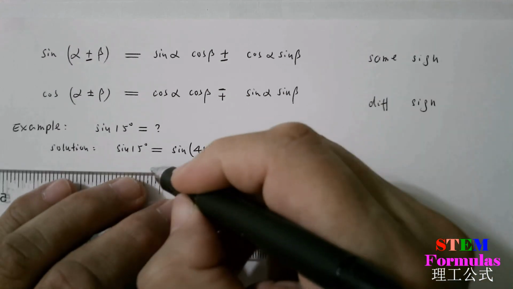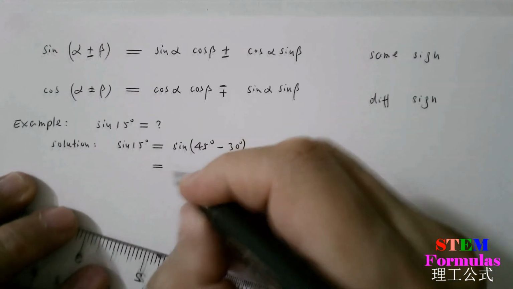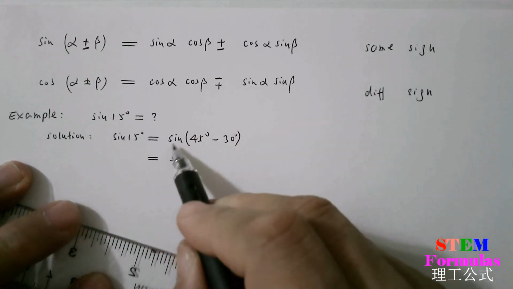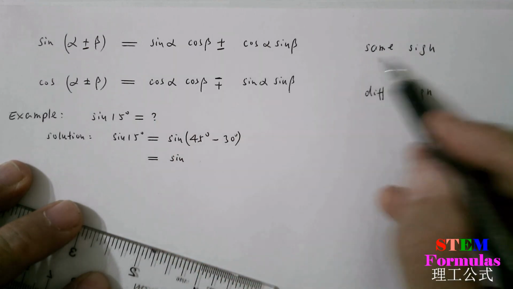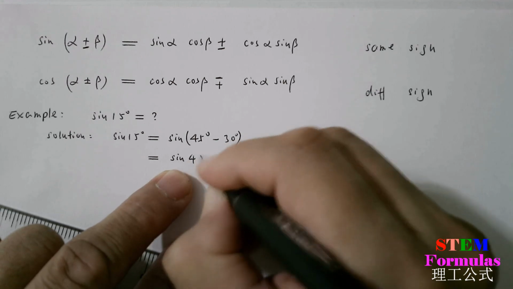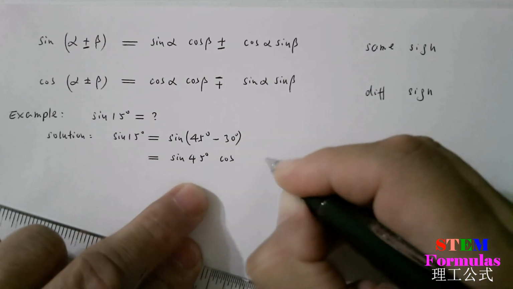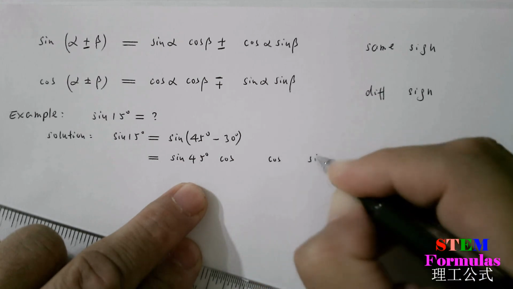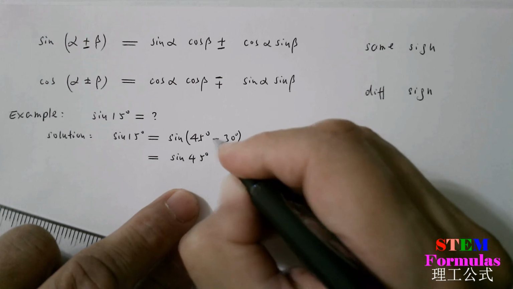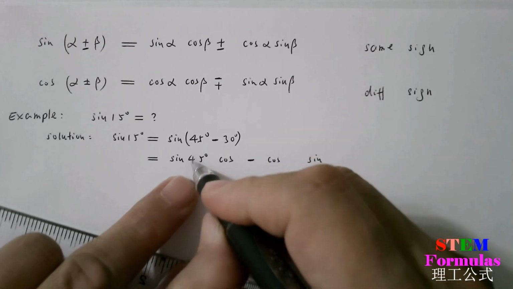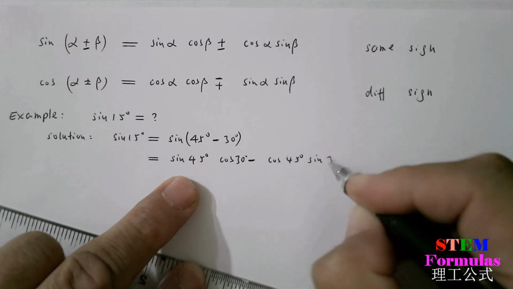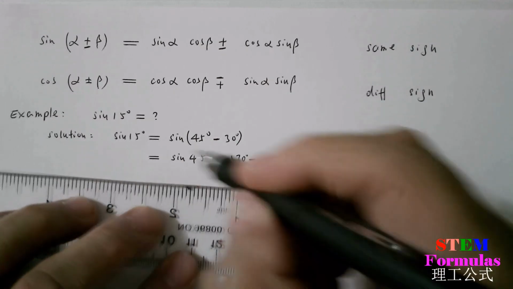Now, sine cosine, same sign. Same sign means if here is a minus, I use minus here too. So 45, 30.